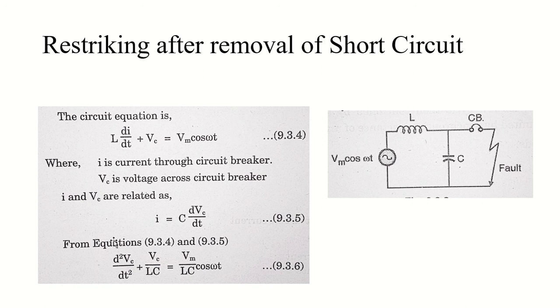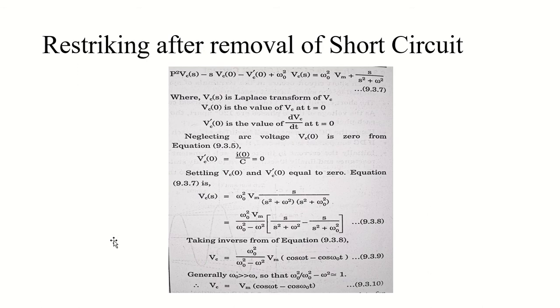Now I want to move from this frequency domain to the time domain. I want to change the domain. So we can take the Laplace transform of this equation, and substitute omega 0 square for 1 by LC, and by doing that we will get an equation which looks like this: s square Vc of s minus s Vc 0 minus V dash c 0 plus omega 0 square Vc of s equals omega 0 square Vm times s divided by s square plus omega square.